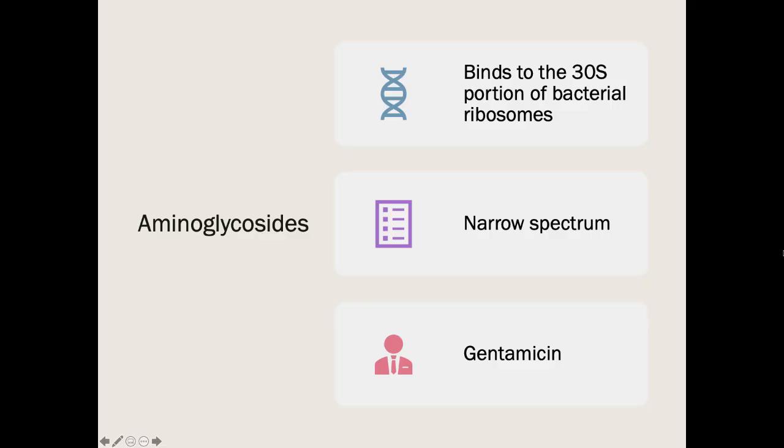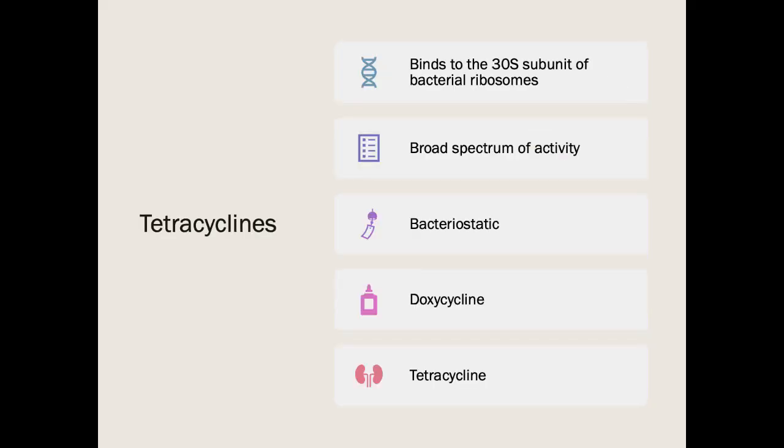It is a narrow spectrum antibiotic, and it binds to these 30S proteins and doesn't allow for bacterial synthesis and bacterial replication. So aminoglycosides go after 30S proteins, and gentamicin is our prototypical aminoglycoside.